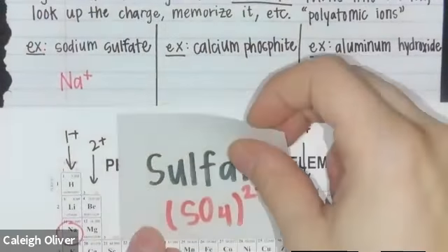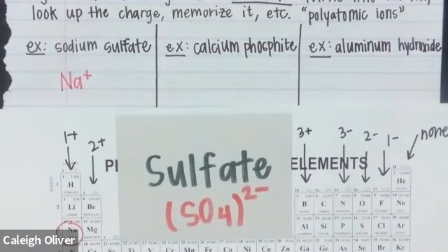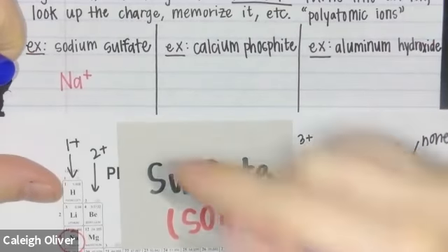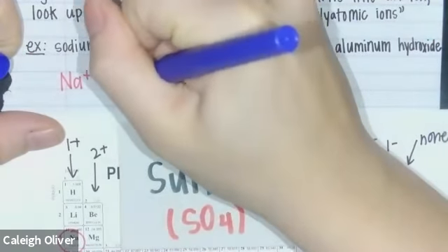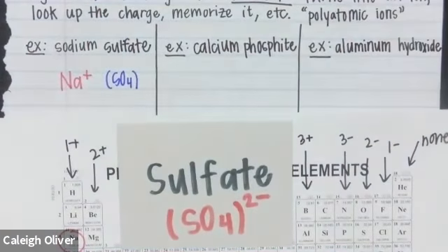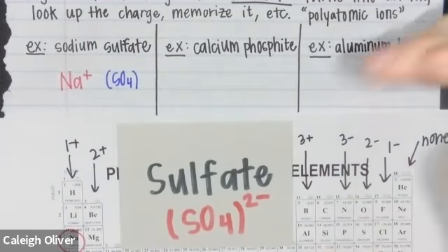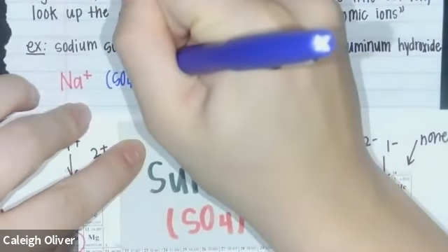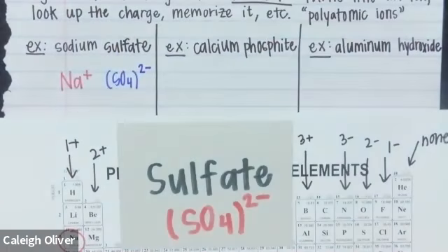Okay, sulfate. So sodium and then sulfate here, SO4, 2-. SO4 is the molecule. It's a sulfur with 4 oxygens attached to it, and the whole molecule has a charge of -2.